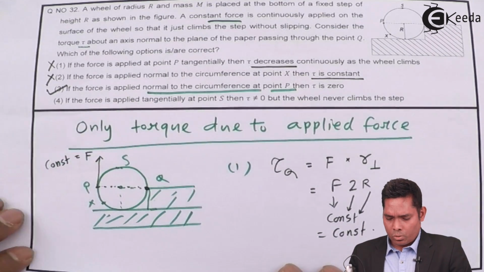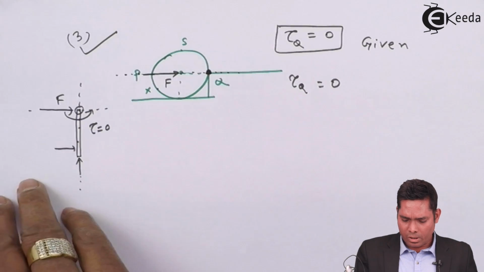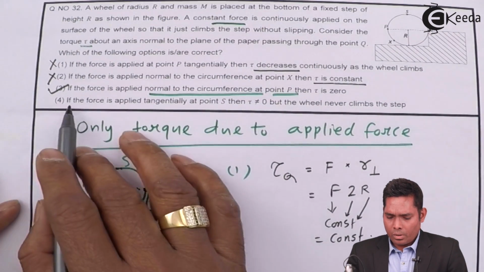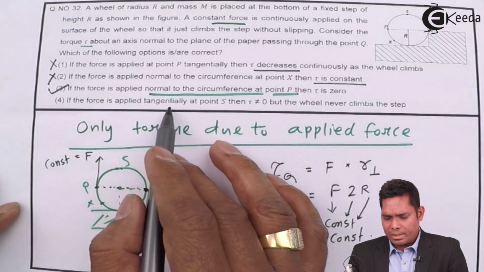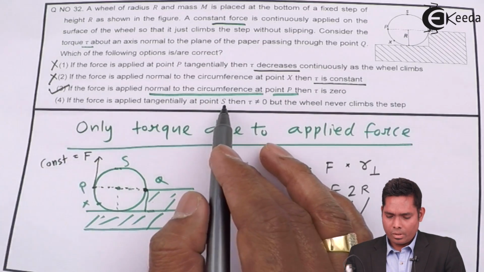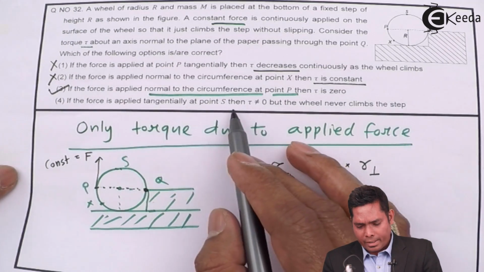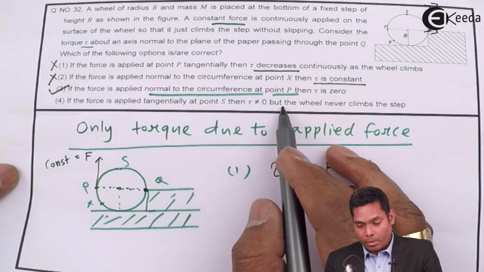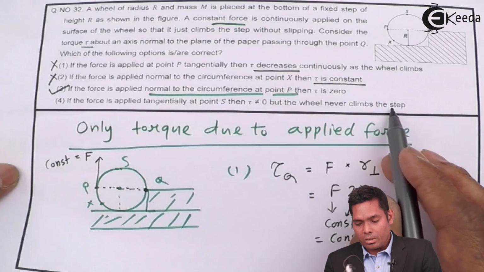Now the fourth option. Option number 4 says that if a force is applied tangentially at point S, then torque is not 0, but the wheel never climbs the step. What is the situation?